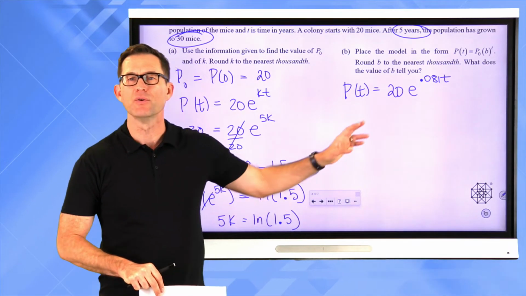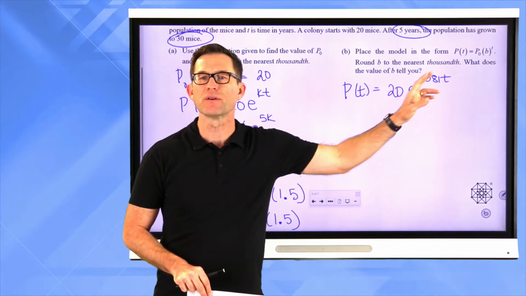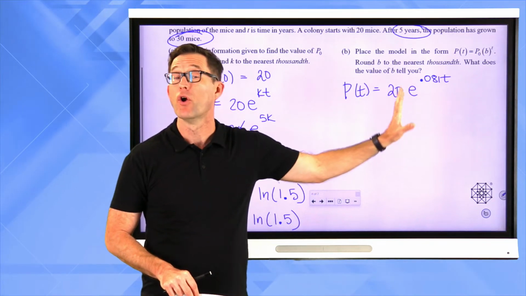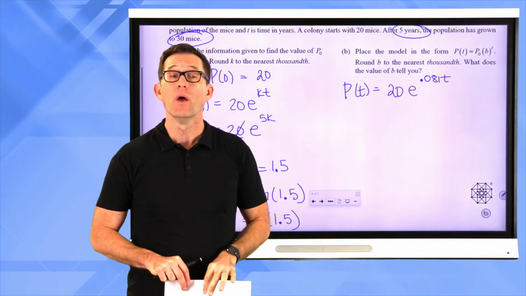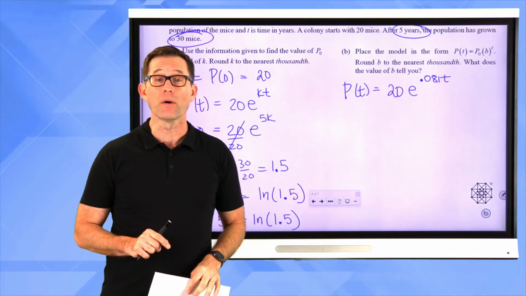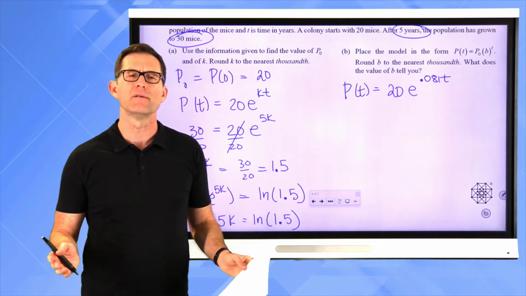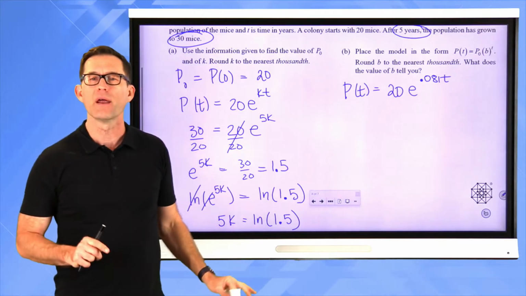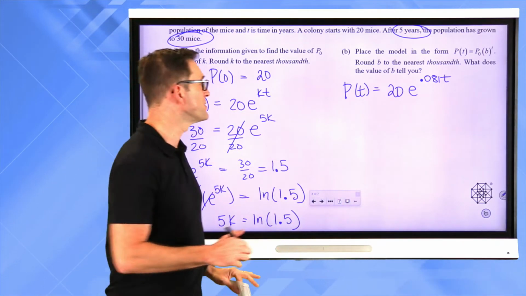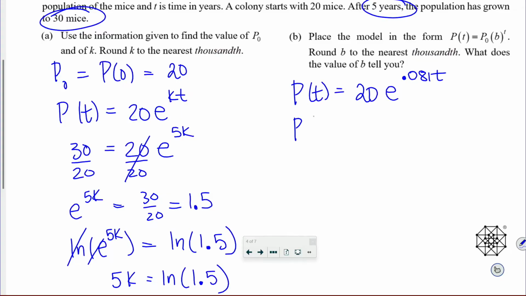What we'd like to do is rewrite it as p sub 0 times some number raised to the t power. So we've seen this trick before. We're going to run the product rule for exponents backwards, if you will. In other words, I can rewrite this as p of t is equal to 20 times e to the 0.081, all raised to the t, right?